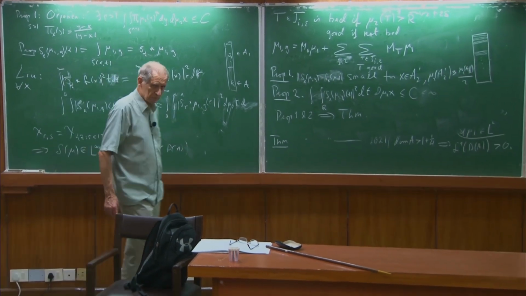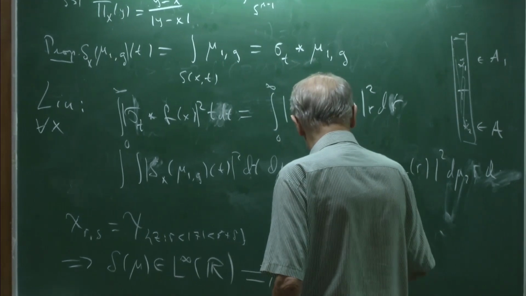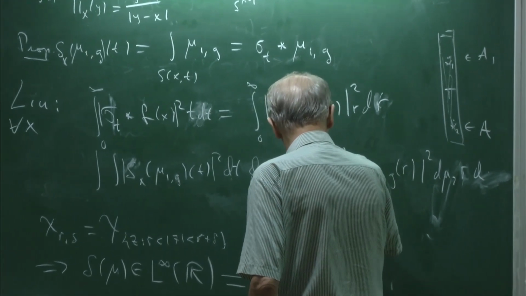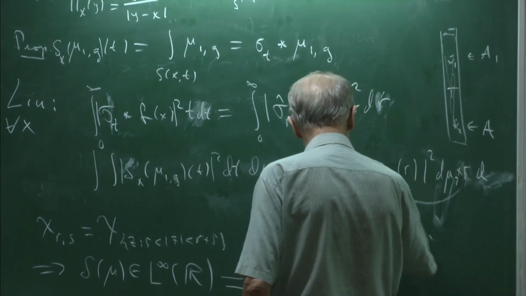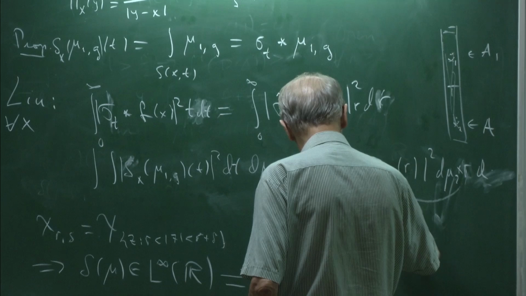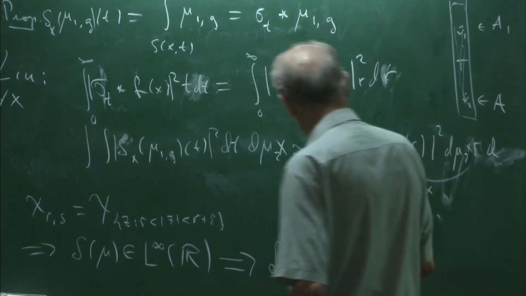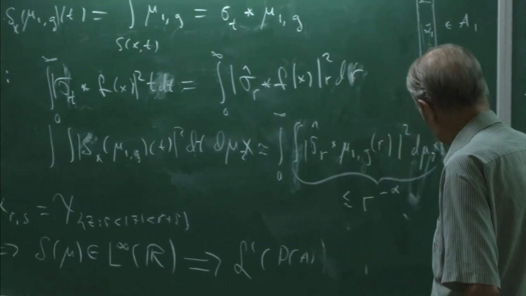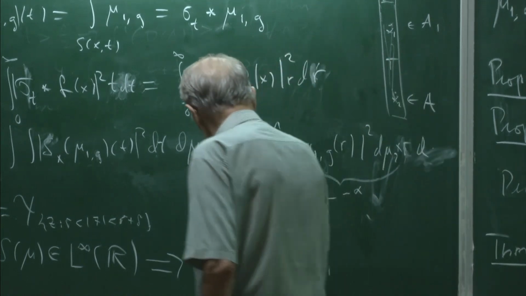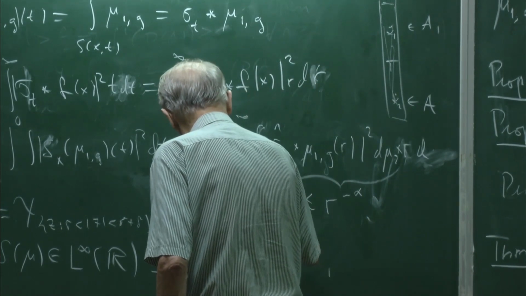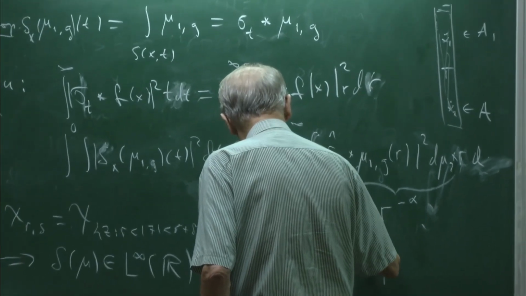And then comes the most difficult part of the proof, which I don't have time to explain at all. But you estimate first of this, that this is less than or equal to a certain power of r, which I don't give because I cannot explain it anyway. But this is the most difficult thing to do. And it uses decoupling, the Bourgain-Demeter decoupling.